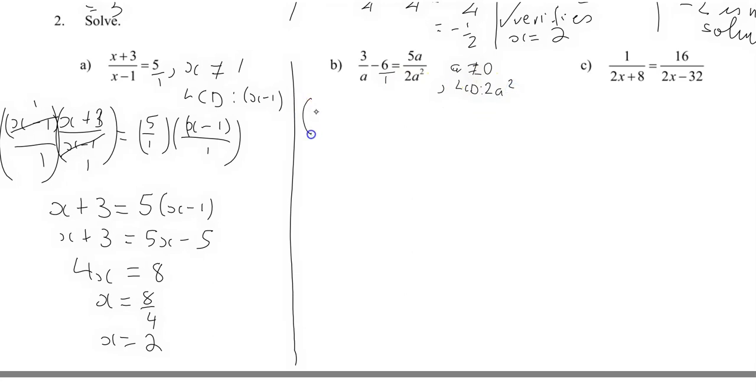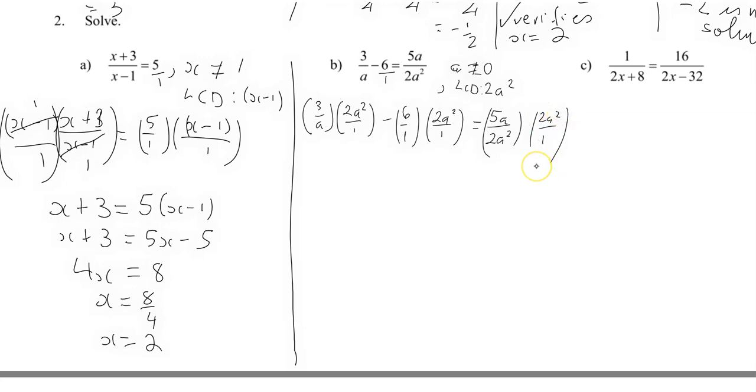And now what we're going to do is take each term and multiply it by 2a squared. So 6 over 1 times 2a squared over 1 equals 5a over 2a squared times 2a squared over 1.